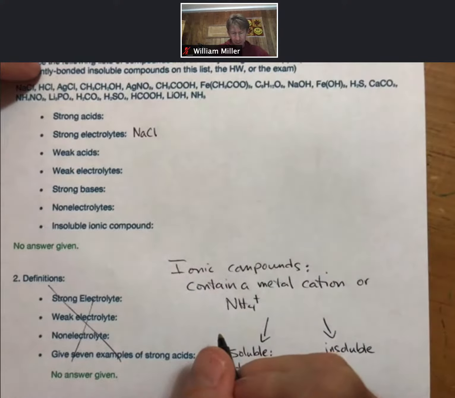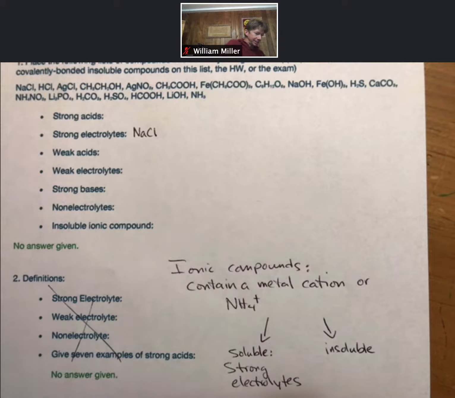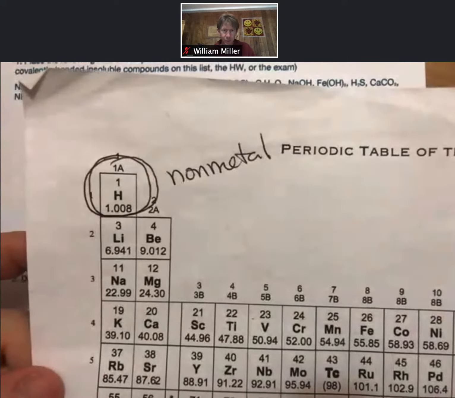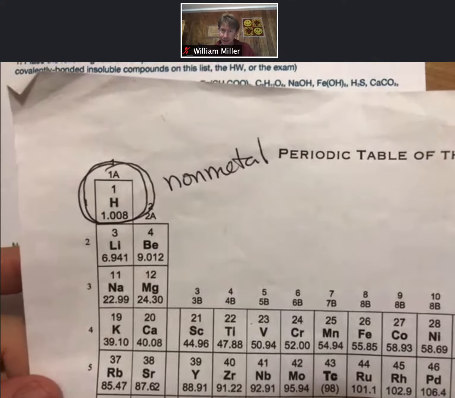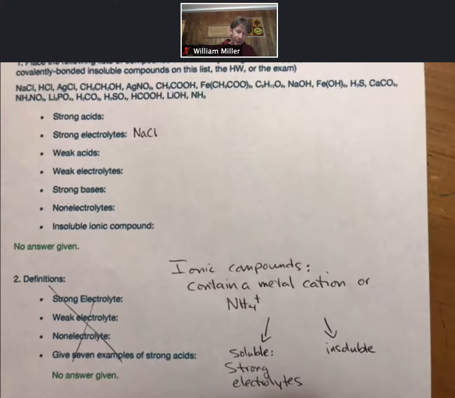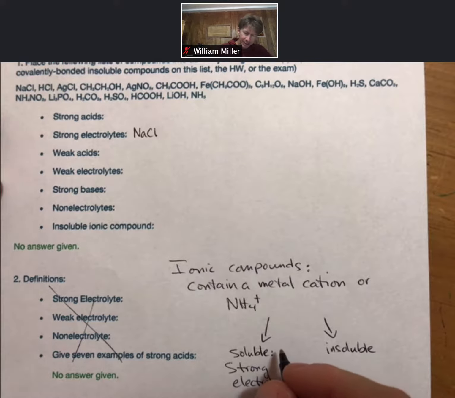From there, we go to HCl. H is a non-metal. It is at the top of group 1, and it is still a non-metal. However, HCl is a strong acid.